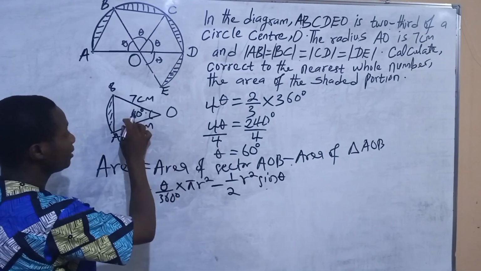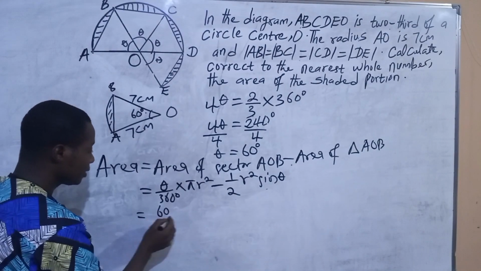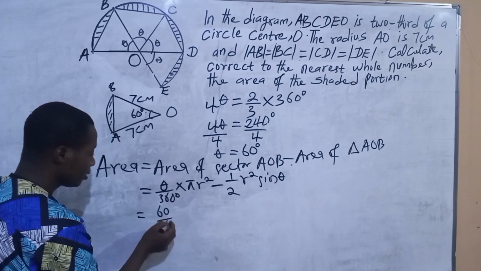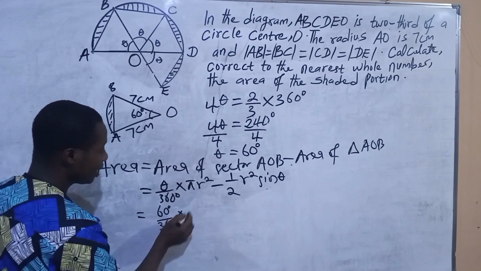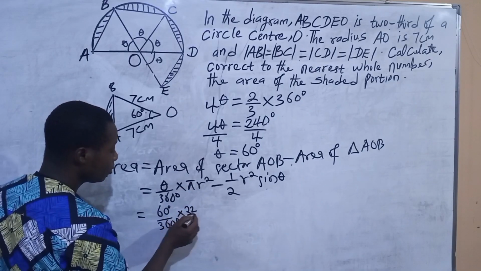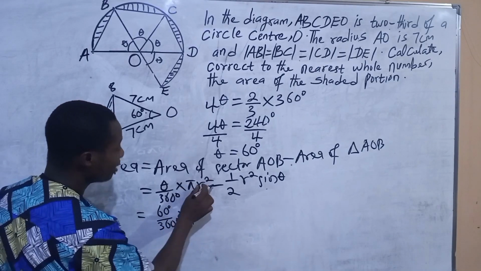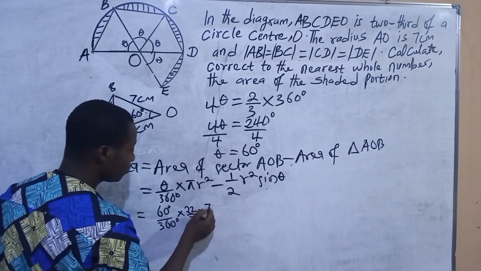So theta is 60. That gives us 60 over 360, in degrees, times pi, which is 22 over 7, times r squared. What's r? 7. So we have to square it.